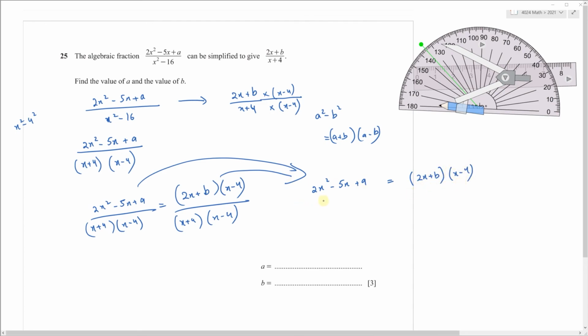So let me open these brackets so that we can compare the coefficients directly afterwards. Minus 5x plus a as it is. So if I open the bracket, I get 2x square and then minus 8x plus bx minus 4b. So now my coefficient of x square is exactly the same.